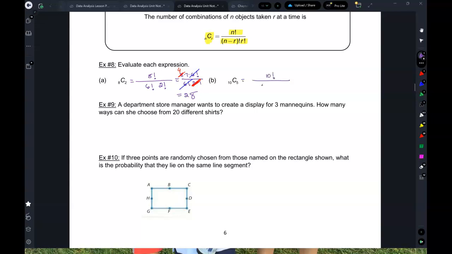Okay, let's do this one. 10 factorial over 5 factorial, 5 factorial. So this is 10, 9, 8, 7, 6, 5 factorial over 5 factorial times 5, 4, 3, 2, 1. These go away.